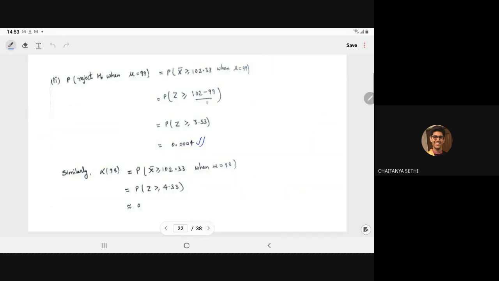Type 1 error is the probability of rejecting the H naught when it is true. We denote it by alpha, and alpha for mu equal to 98 will be the probability Z greater than or equal to 4.33.